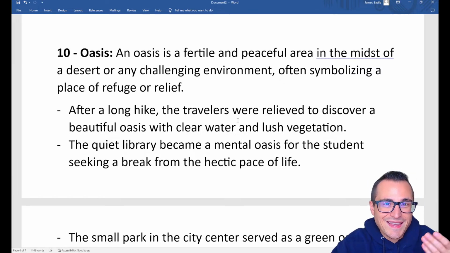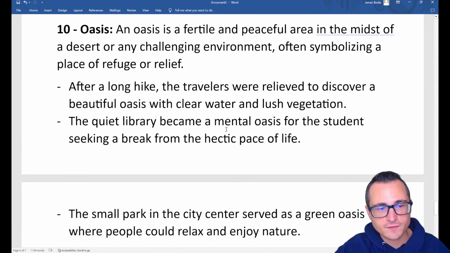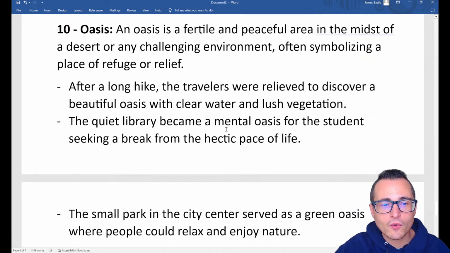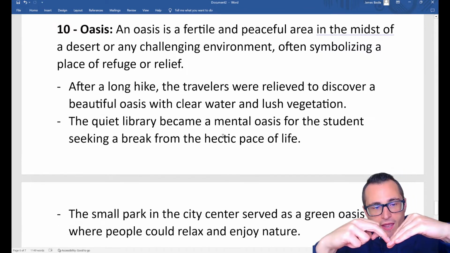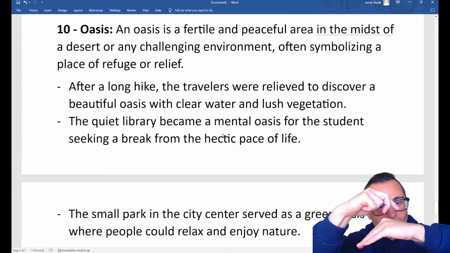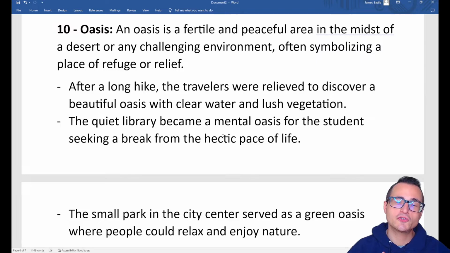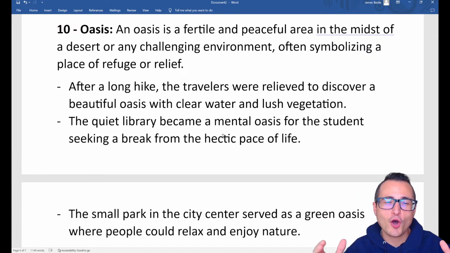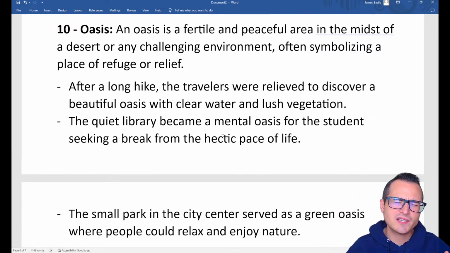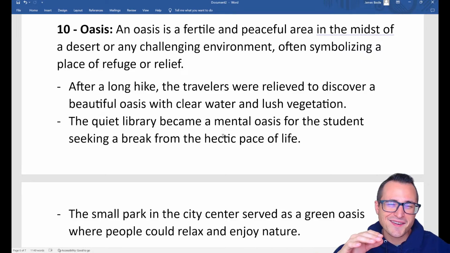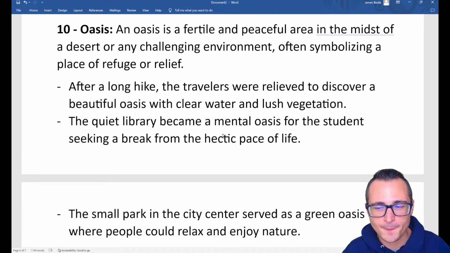So, what is an example of an oasis? After a long hike, the travelers were relieved to discover a beautiful oasis with clear water and lush vegetation.